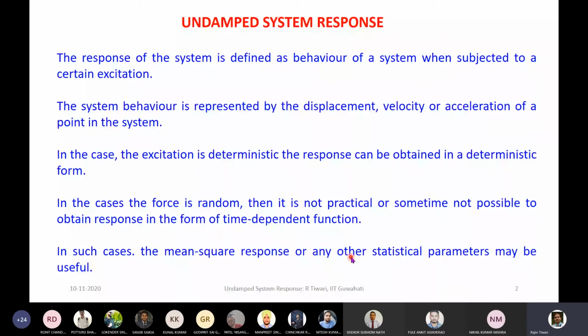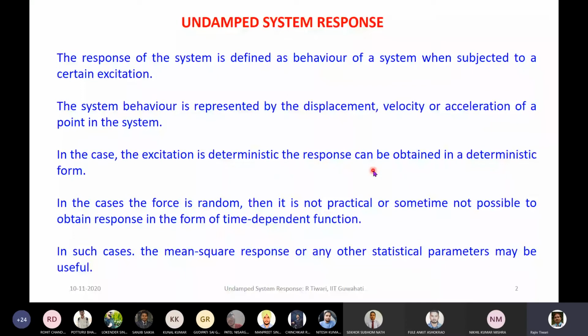But anyway, the random force is not in the scope of this particular subject. So we will be focusing mainly on the deterministic force. The definition of that is that we know the force with time, and correspondingly we can get the response with time variation.